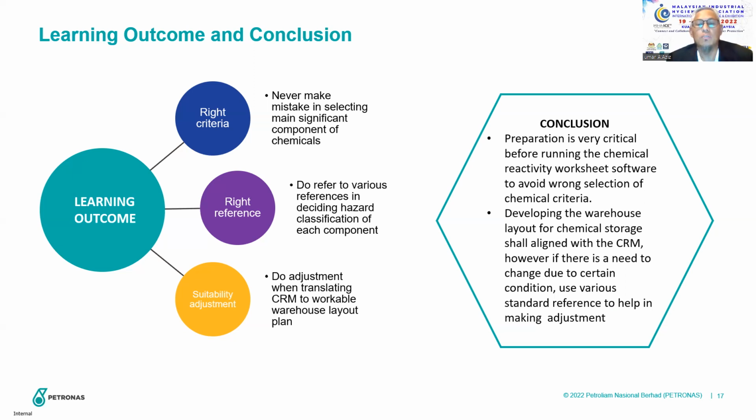Developing a warehouse layout for chemical storage shall align with the CRM. However, if there is a need to change due to certain conditions like space constraints, use various standard references to help in making adjustments. So with that, thank you very much for your listening.